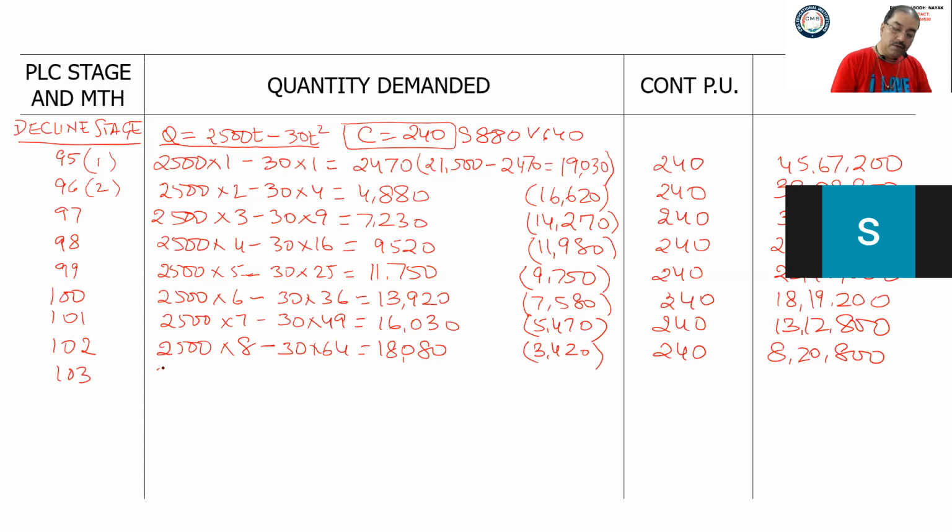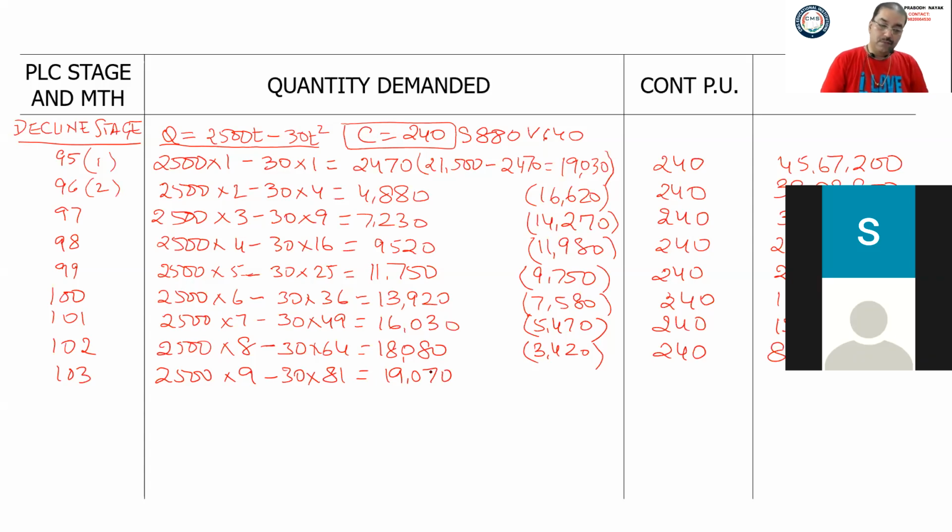103. 2,500 into 9 minus 30 into 81. 19,070. Sorry. Correct? 20,070, sir.